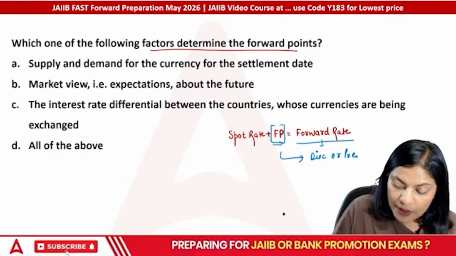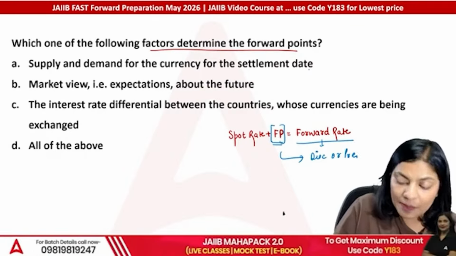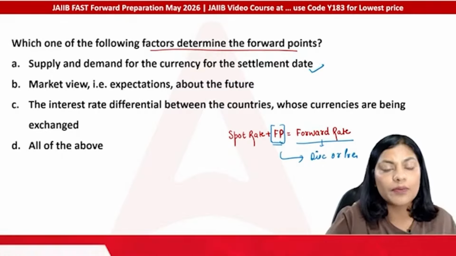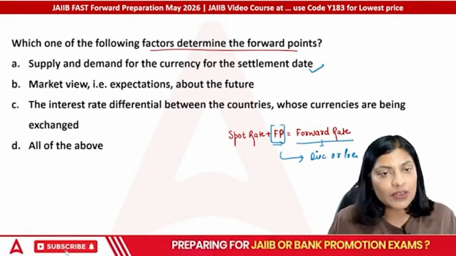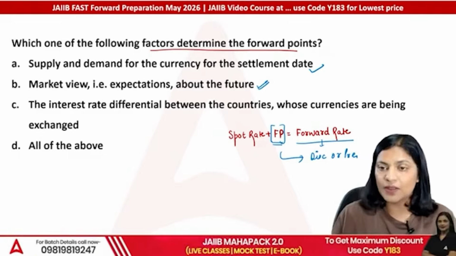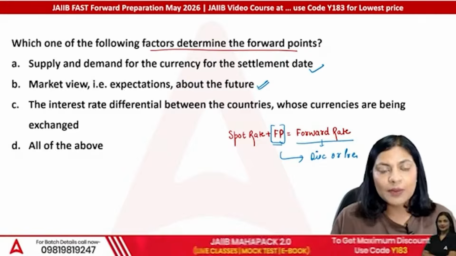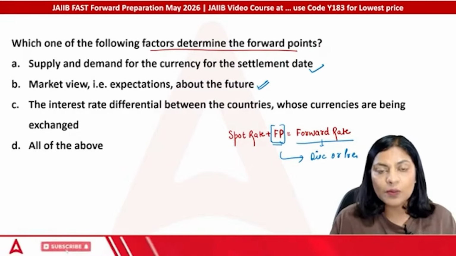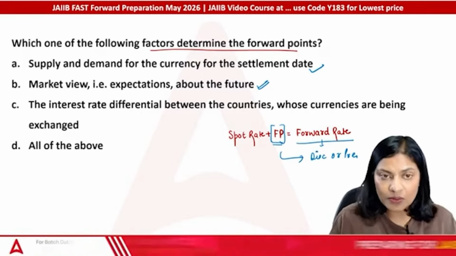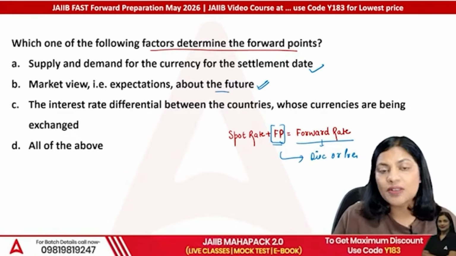What it depends upon is supply and demand. Supply and demand is all about what is the demand for a particular currency and what is the supply in the market. Then, what are the future expectations? Take LPG: the expectation in future is that there will be a shortage, due to which the prices increase. So future expectations also change the price.